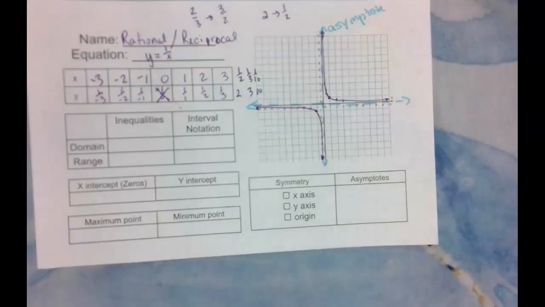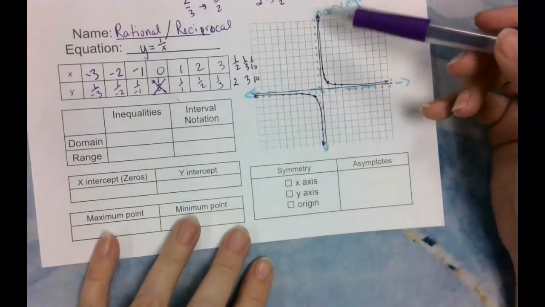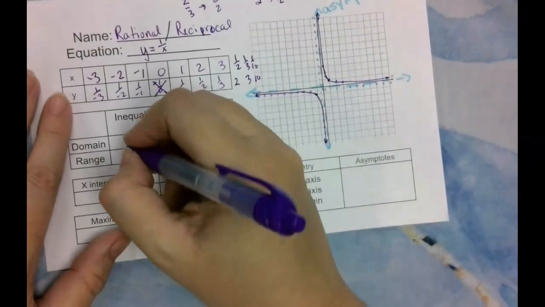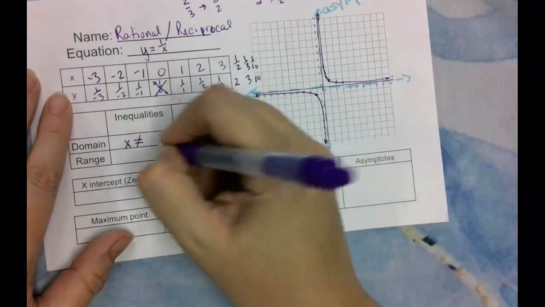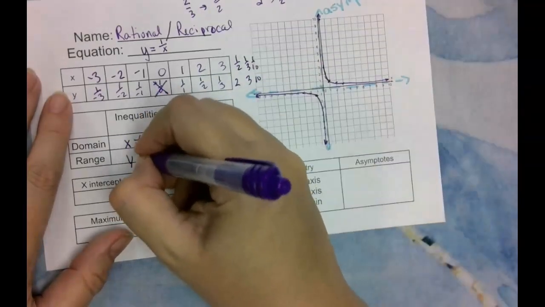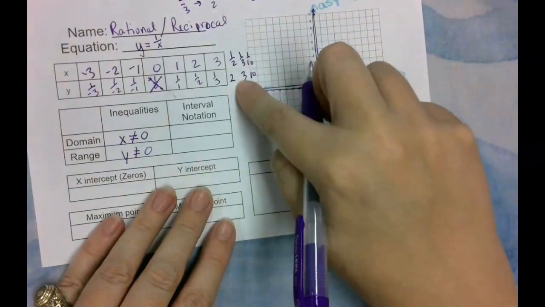All right, so our domain. Well, our domain is any numbers except I can't have 0. So we can just write that as x not equal to 0. And the same thing for y. Y not equal to 0. Then for our interval notation, we're going to have to do two different pieces here. I start at negative infinity.